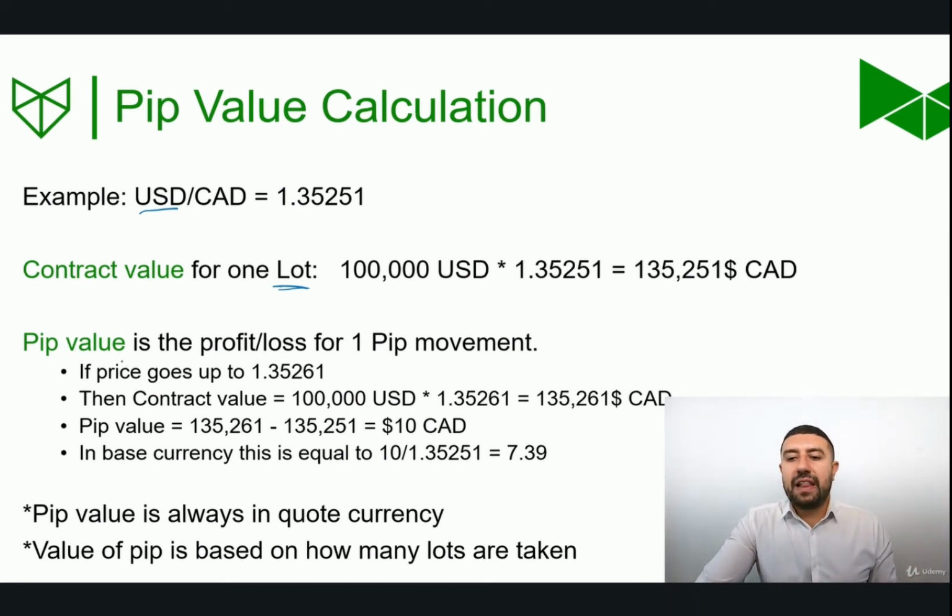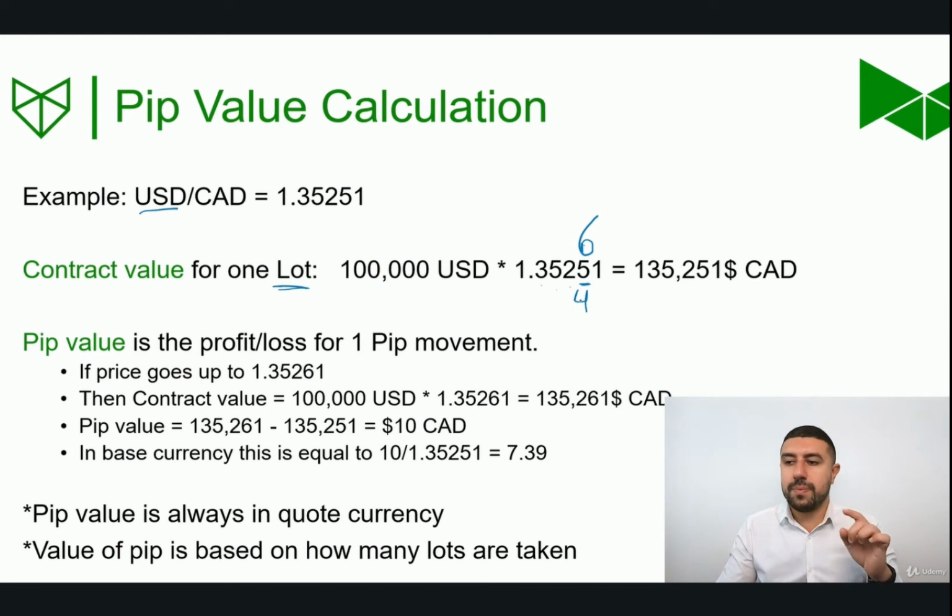Now, the pip value is the profit that you're going to make for each one pip movement. So what's one pip? We know that a pip is the fourth decimal place after the zero. So it's 1 here, right? So that's a one pip movement. So we want to know what happens if the price goes to 6 here instead of 5, okay? So instead of having 5, it goes to 6, or it goes down to 4.